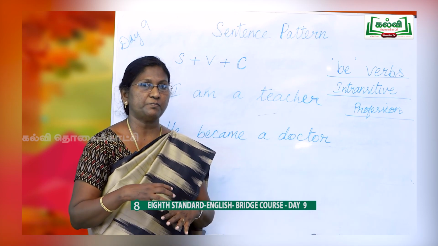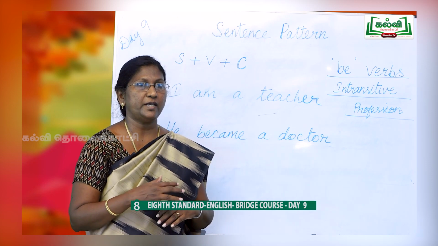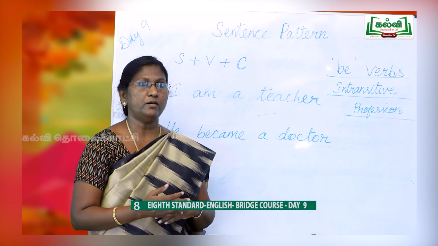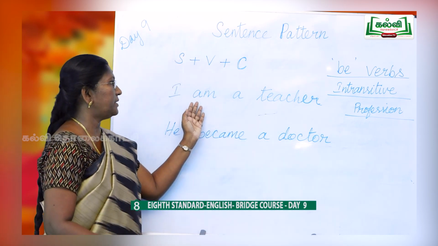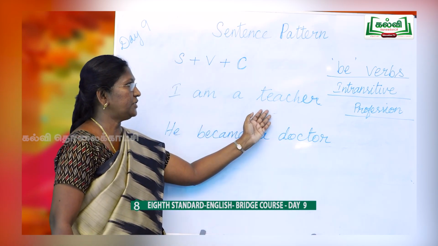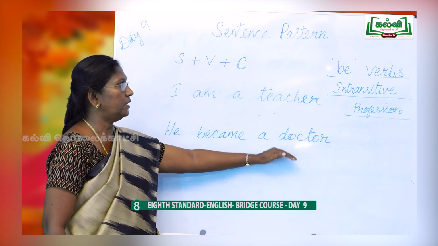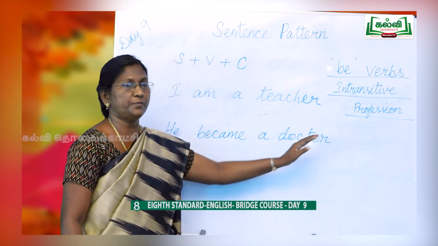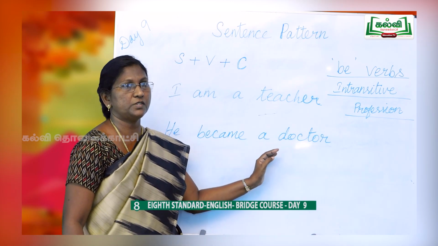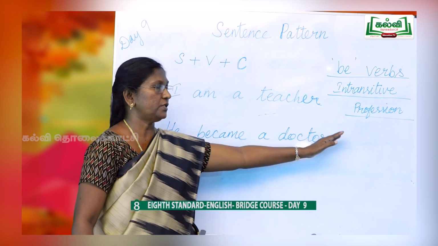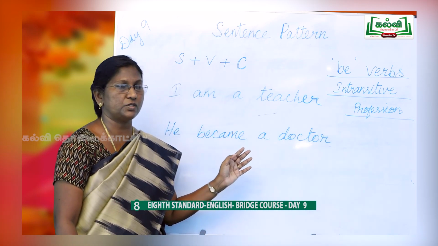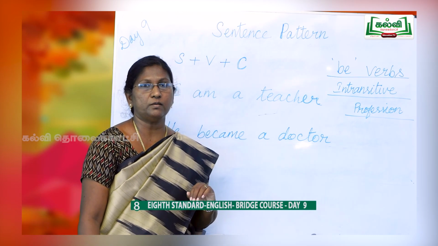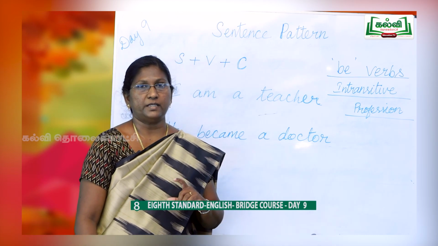So when we get these be form verbs, you should check very carefully whether what follows is a complement or an object. Here am is a be form verb, and teacher, doctor, these words show some profession. Teaching is a profession, doctor is a profession. So usually this profession will come in the complement section. All these points you should keep in mind when you are segregating the sentence pattern.